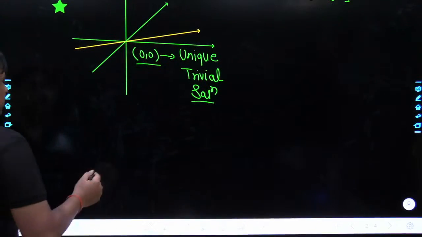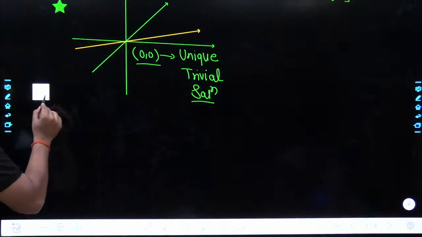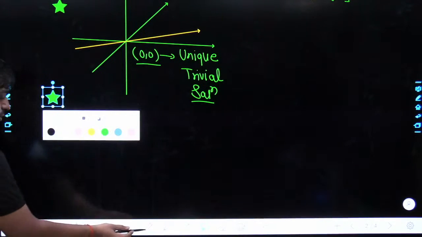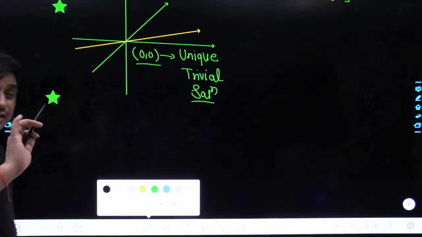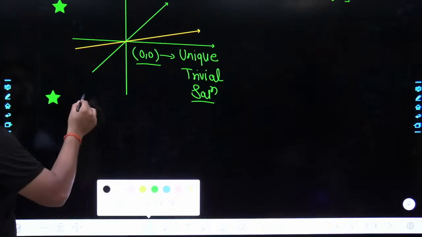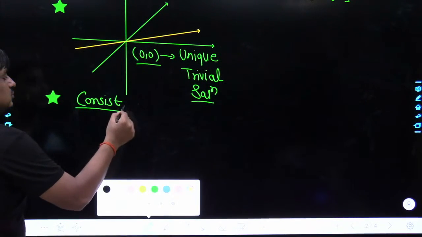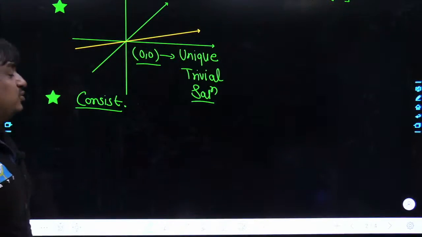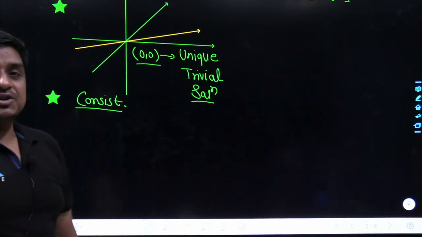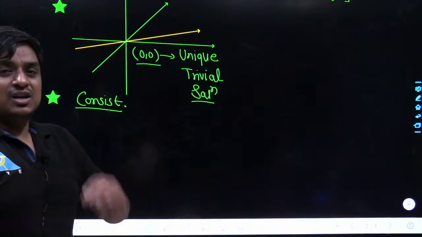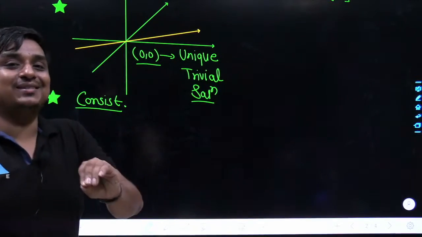The first important point: there would always be a solution. That means a linear homogeneous equation is always a consistent equation. What does consistent mean? The equation which should possess a solution.